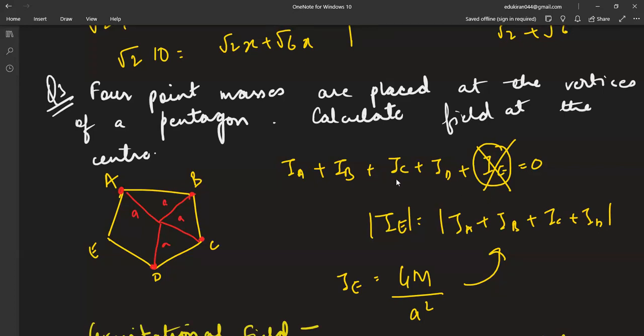Understood? You are assuming that if the fifth mass is there, it would be 0 because of symmetry. Now, this you have to find out, which is equal to the magnitude of this. All right, note it down. Some more formulas I want you to write regarding hollow sphere and different conditions. First, note it down, then we'll see this.